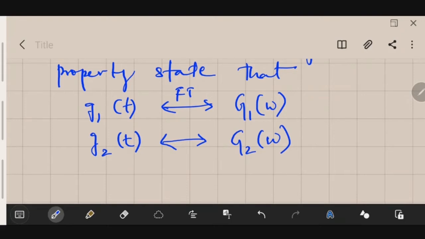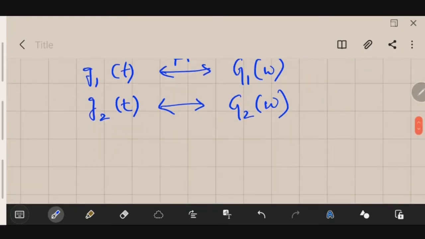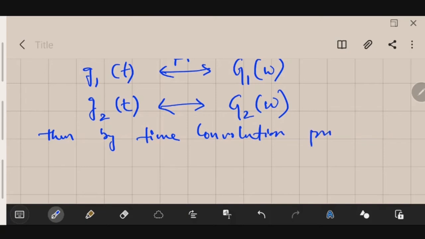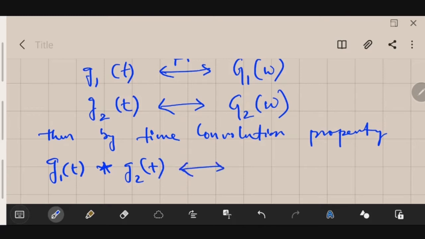Then by the time convolution property, g1 of t convolved with g2 of t, after Fourier transform, is G1 of omega multiplied with G2 of omega.